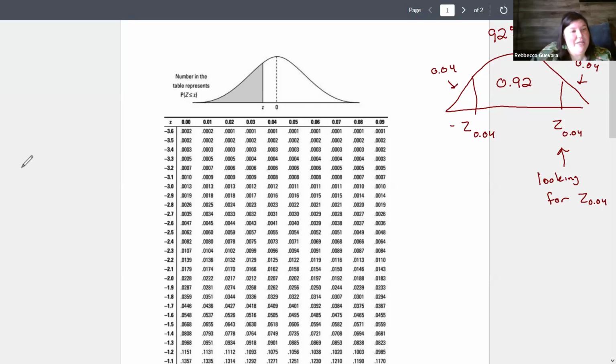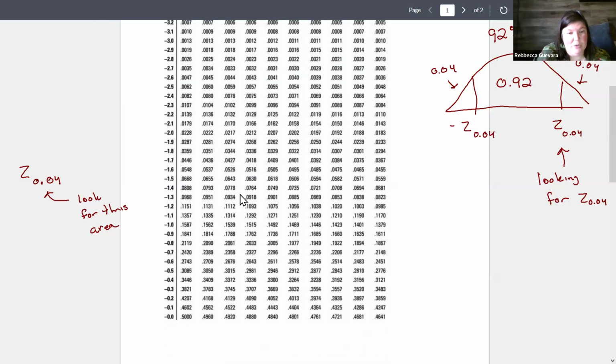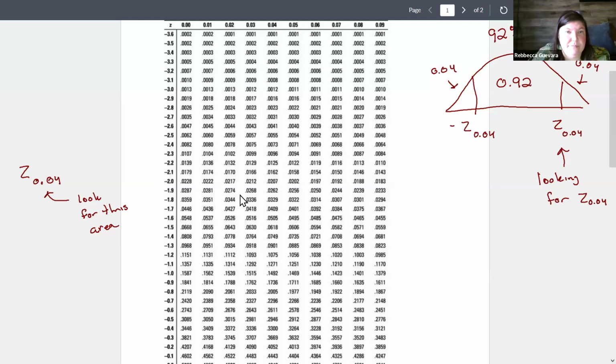So really, if I have a z-score of 0.04 and I need to find it, what I can do is look for this area. And we're going to have to change these back into positives. So I'm going to go look for that area, which is going to be right here. Nope, that's one too far. Right here. So that is the closest I'm going to get to 0.04.